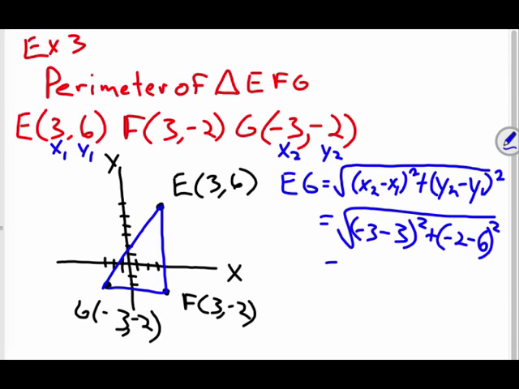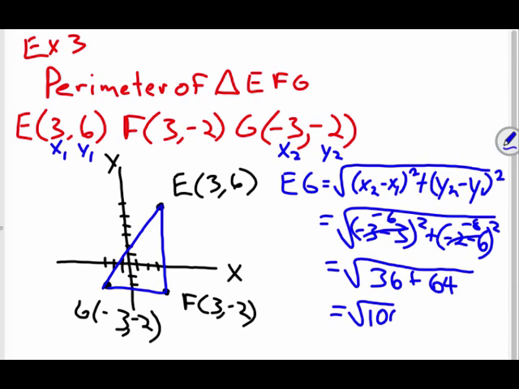And so this becomes -6, this becomes -8. -6 squared is a positive 36, and -8 squared is a positive 64. When you add those up, it is the square root of 100. The square root of 100 is plus or minus 10. We're going to focus on the principal root. And so the distance from E to G is 10 spaces.